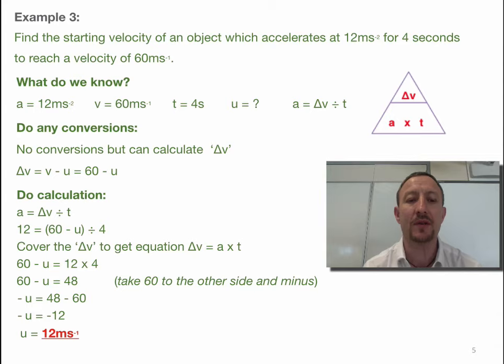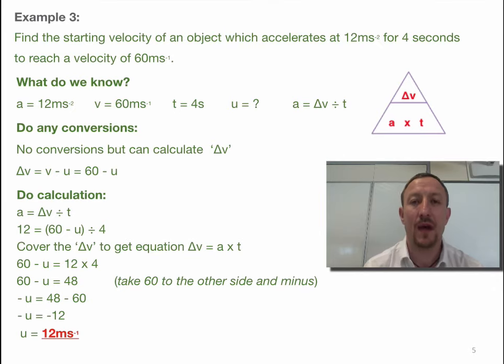So what we're going to say is 12 equals (60 minus U) divided by 4. Now the 60 minus U goes in brackets. So obviously what we're going to do is cover up the delta V to get the equation delta V equals A times T. So we can now rearrange it, so we get 60 minus U equals 12, which is the acceleration, times 4, which is the time. There's our formula. So now it's easy.